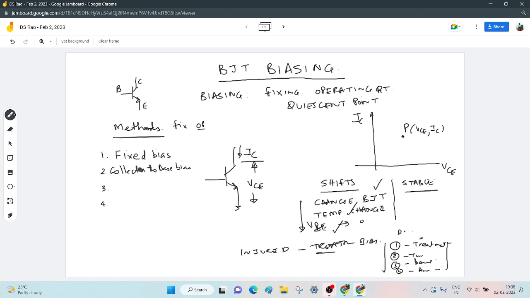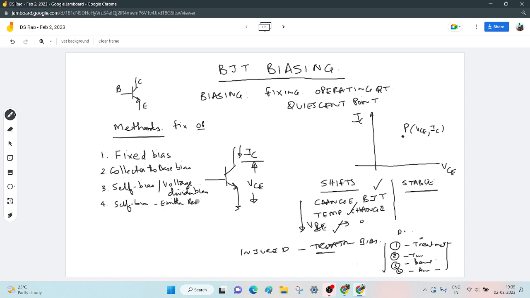The third method is called self bias. Self bias, or it is also called voltage divider bias. And the fourth method is the same thing, self bias with an emitter resistor.